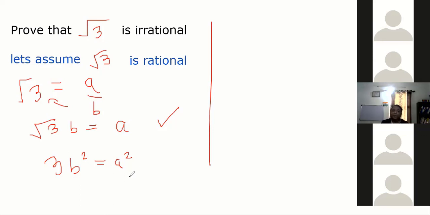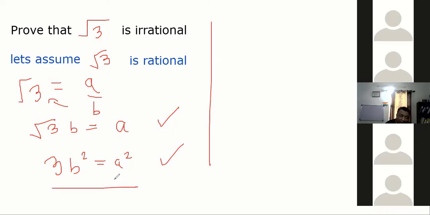So there is a theorem which says if suppose a square is divisible by some integer, then a is also divisible by that integer. That is the point. These are two important steps. It means a square is divisible by 3. Not a equal to 3. Wait karo, Shlesha, not like that. The point is 3 into b square equal to a square means a square is divisible by 3.